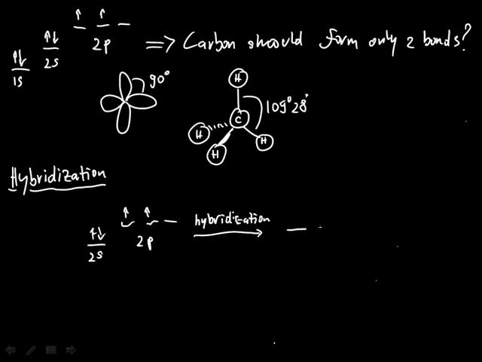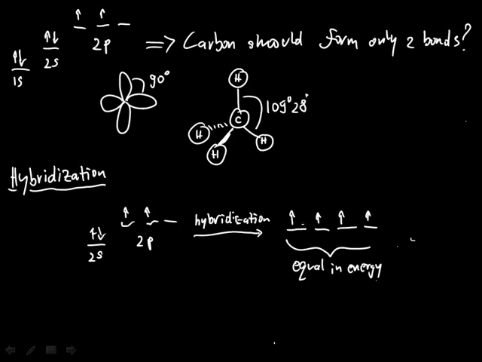Indeed, it will form four orbitals which are all the same in energy now. So they're equal in energy. And since they're all the same in energy and we have a total of four electrons, each one of them will have only one electron. And this now explains how carbon can form four bonds.